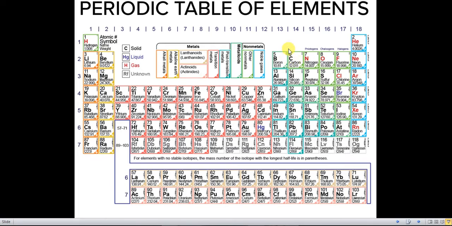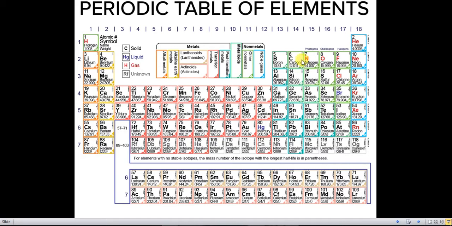If we look at the left hand side of these metalloids, or semiconductors, these elements have 3 electrons in the valence band. We will see boron, whose atomic number is 5. If we look at the electronic configuration, it is 2, 3. For aluminum it is 2, 8, 3, and so on and so forth.